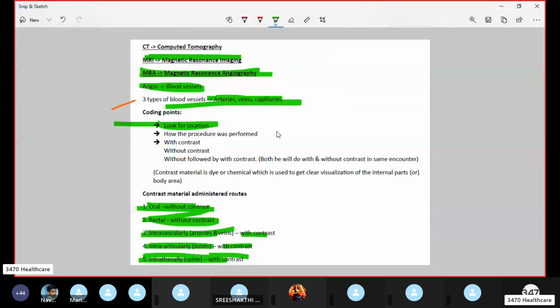Oral rectal given, contrast material given, but the route is oral rectal, it is without. Intravascularly means arteries and veins, intraarticularly means joints, intrathecally means spine. In these routes given, it is considered with contrast. Oral rectal is without; intravascularly, intraarticularly, intrathecally is with contrast. Okay, so this one you need to know clearly.